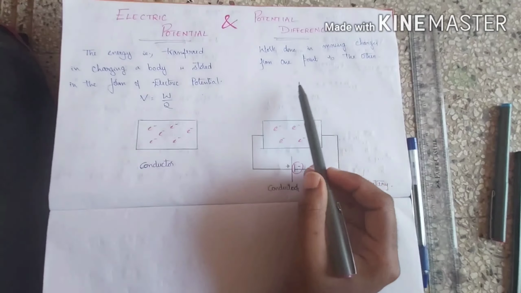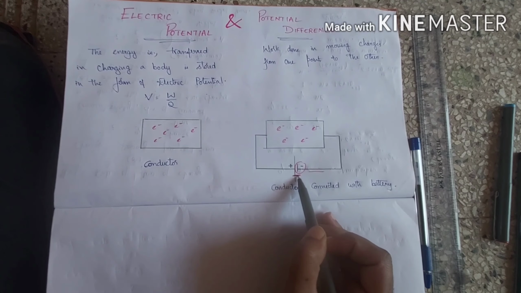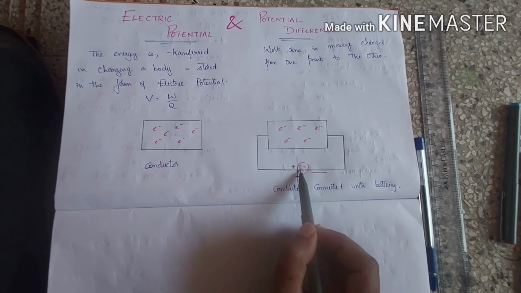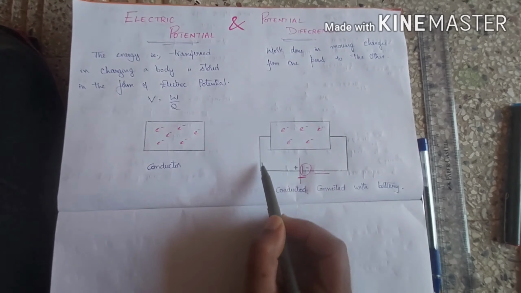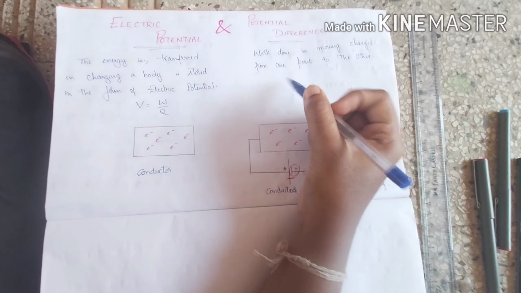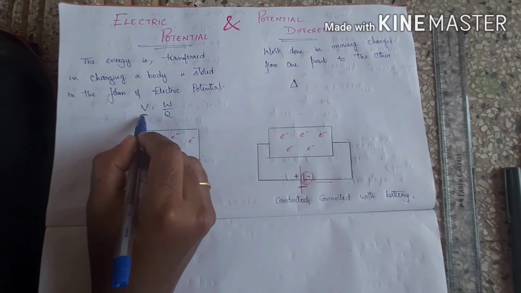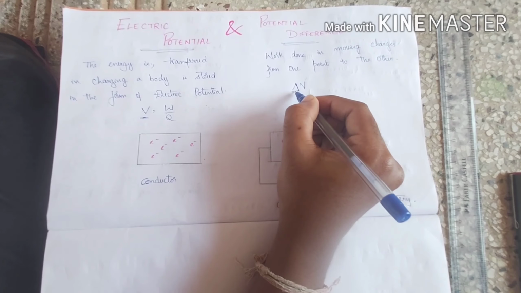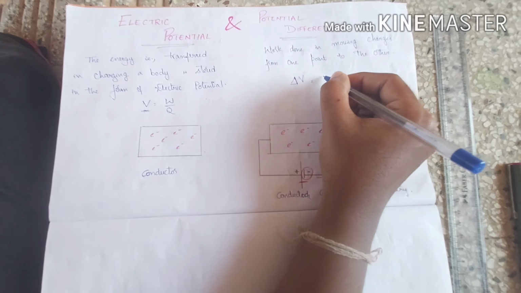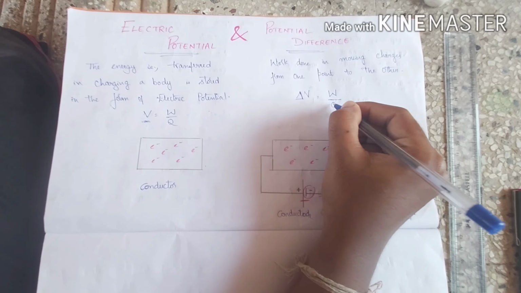For now, just remember this potential difference that is created by the battery is used to move the charges from one point to the other. So this potential difference I'll be writing as delta V. Potential difference is represented with the letter V, and delta stands for difference, is equal to work done in moving charges from one point to the other per charge.